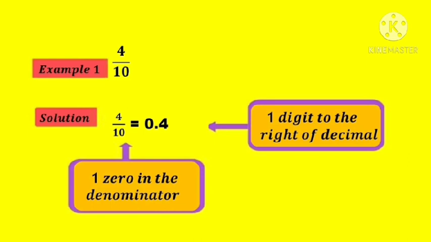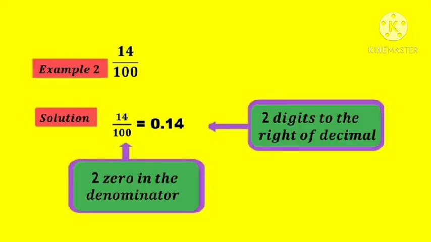Similarly, 14 by 100 is written as 0.14. Yes, correct. As 100 has two zeros, so the decimal point is after two digits from the right. So, the decimal point comes after 1 and 4. So, 14 by 100 is written as 0.14.